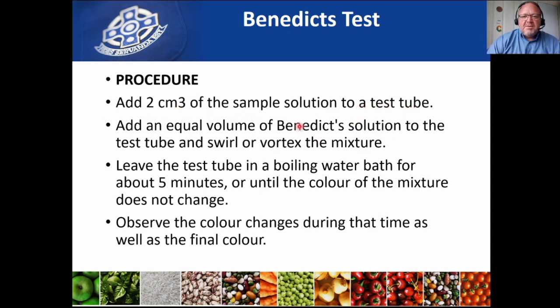Then you add the same amount of Benedict's to that, and then you swirl and swirl to mix up the whole thing. We don't have a vortex at school, but you kind of make a vortex like you all did in the bottles. Then leave the test tube in boiling water for about 5 minutes, and then the color will change. And when the color stops changing, you know that it's ready to have a look. You look at the color changes during that time, as well as the final color.